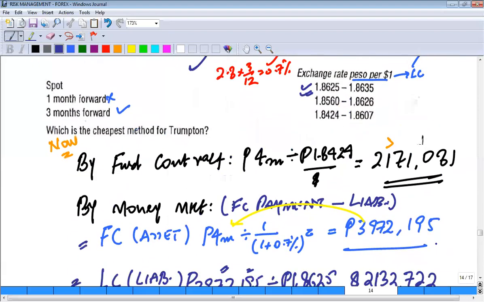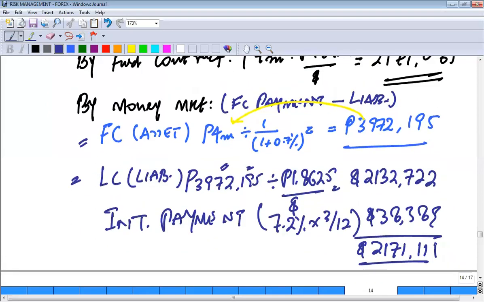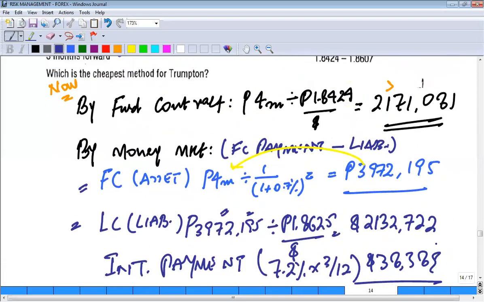Yes. So two things. That's by forward, that's by money market.